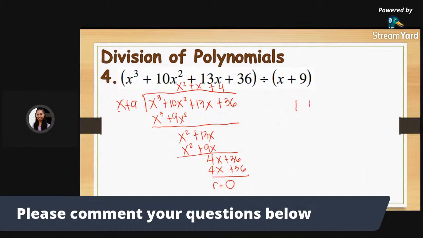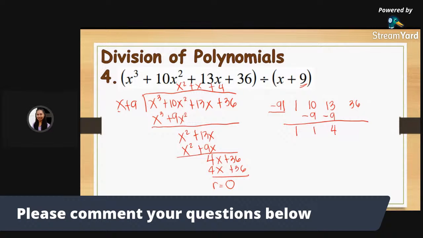Let's check it using synthetic division. 1 for x cubed, 10 for x squared, 13 for x, and 36 for the constant. And our c here is negative 9. Let's check if we'll have the same answer as the long division. Bring down your 1. 1 times negative 9, negative 9 here. 10 plus negative 9, we have positive 1. 1 times negative 9 is negative 9.